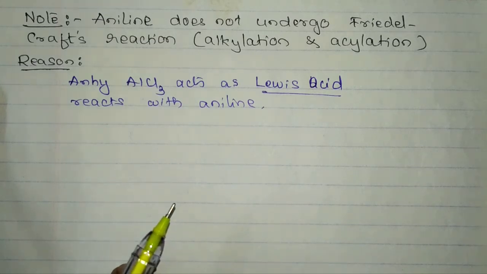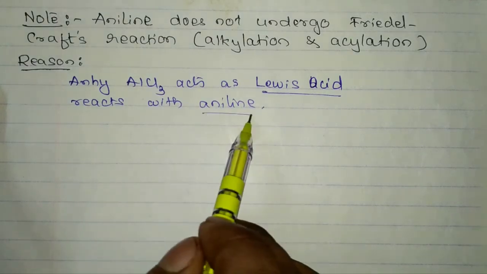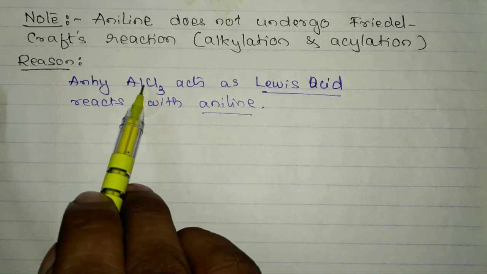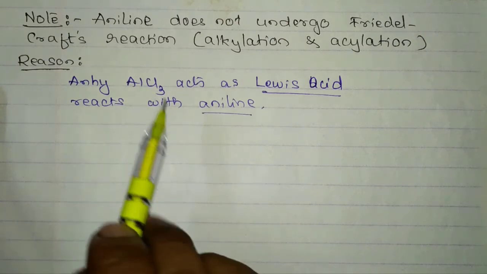The lone pair of electrons on nitrogen atom of aniline are donated to aluminum chloride, resulting in the formation of salt.